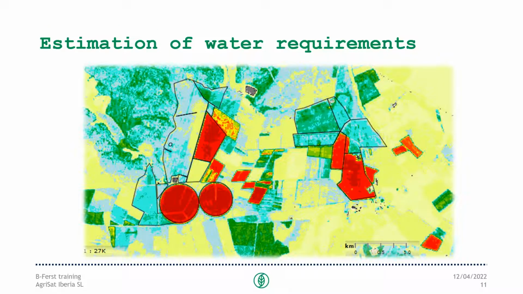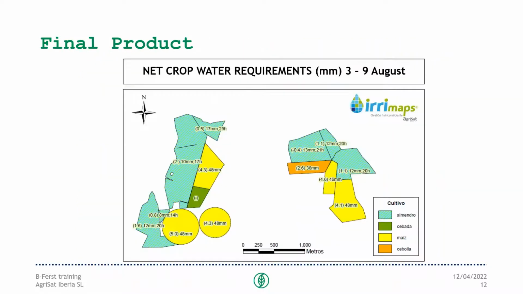From the NDVI value, and depending on the irrigation management unit or sector, we can obtain estimations of water requirements 1 week in advance. This calculation is the basis of our IRRIMAP service, in which we weekly inform the farmer of the water requirements of each crop in each irrigation sector.